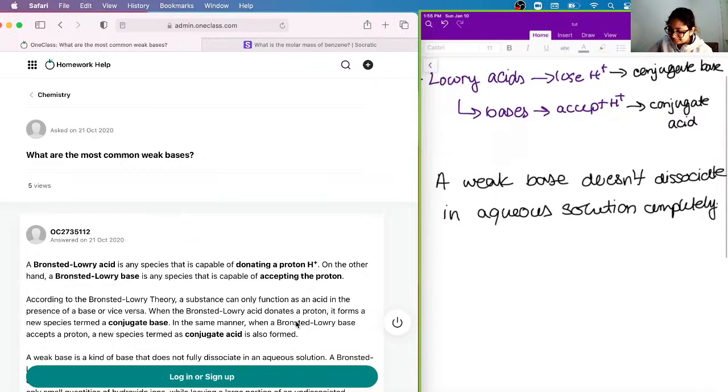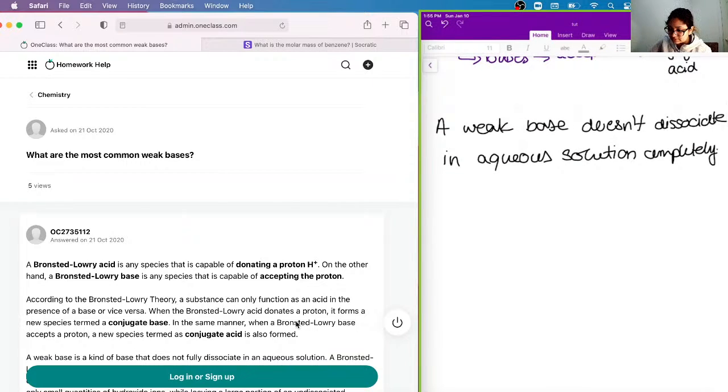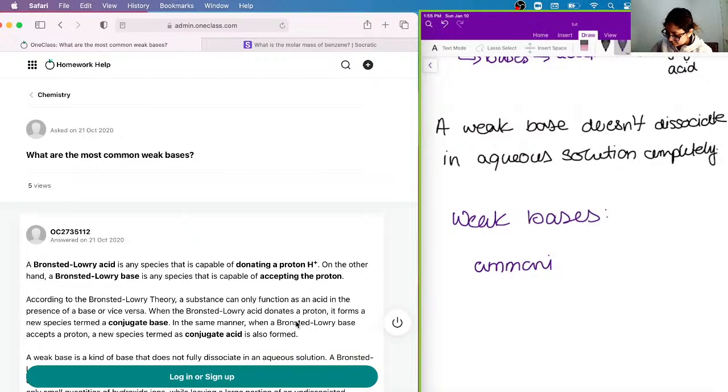And so a list of common weak bases, for example. So there's a list where you have ammonia. Okay, so this is NH3.